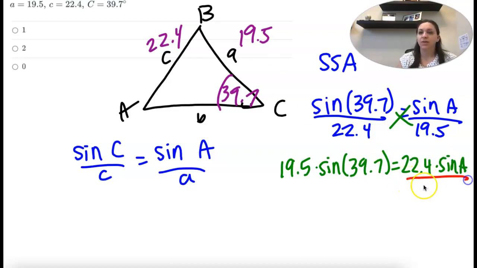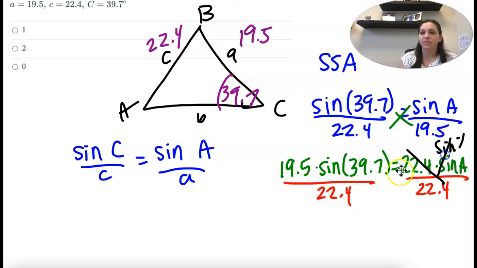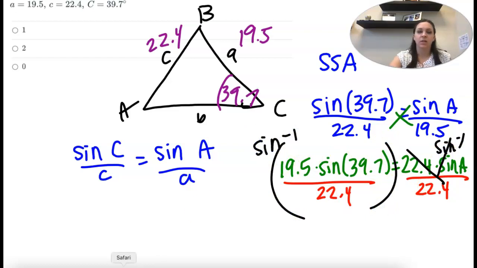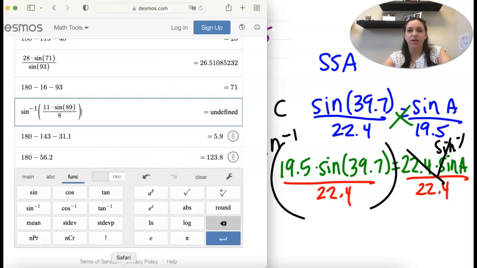Okay, so divide by the number, then take the inverse of both sides. So, sorry I'm going fast through that part. I feel like once you get the hang of it, you're going to see what to do.